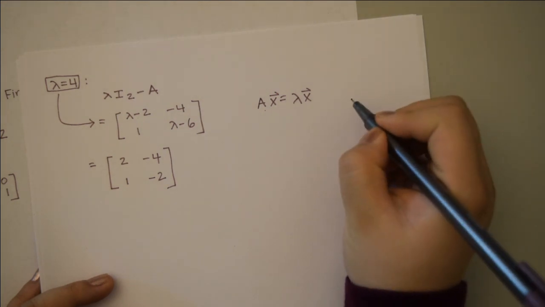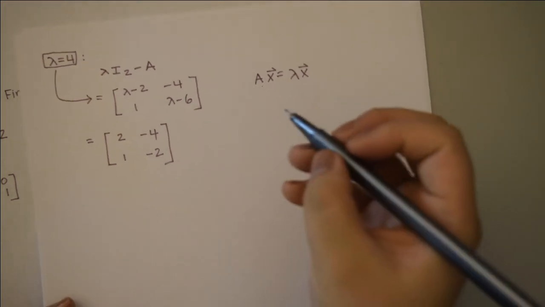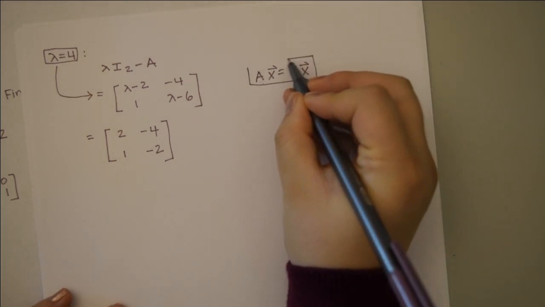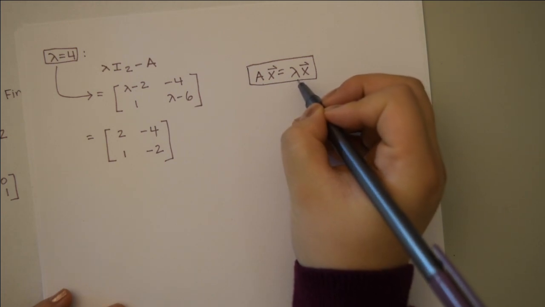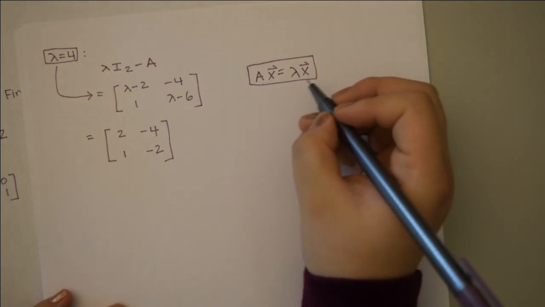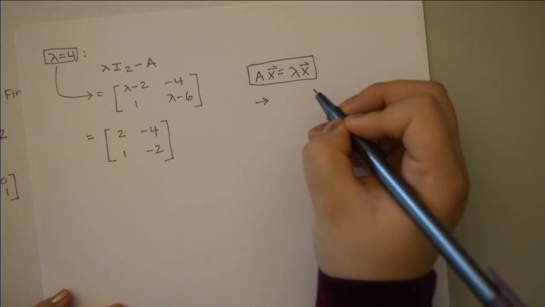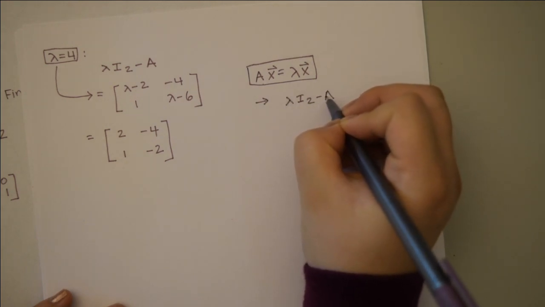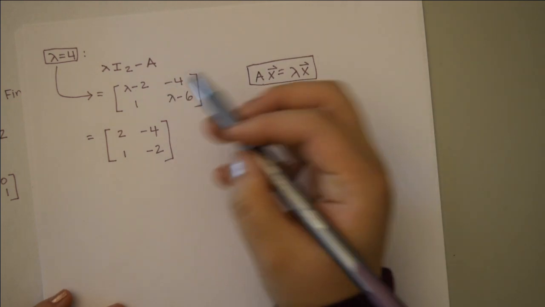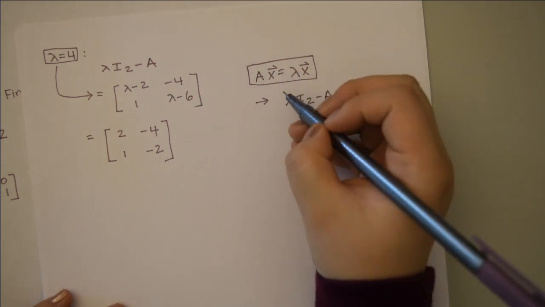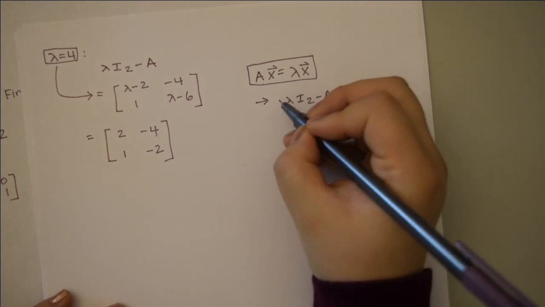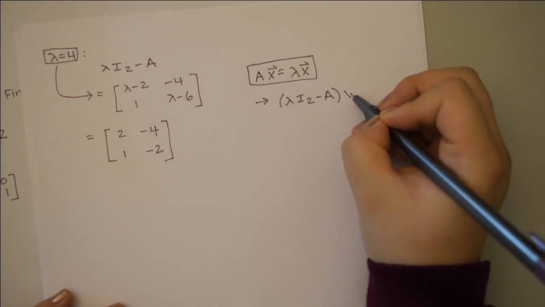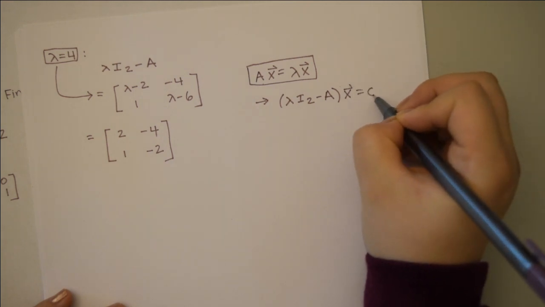And we want that to equal 0. So, in other words, this definition, where lambda is our eigenvalue and x is our eigenvector, is equivalent to trying to solve for lambda I2 minus A, or I of anything, but in this case 2, because A is 2 by 2, times x equals 0.